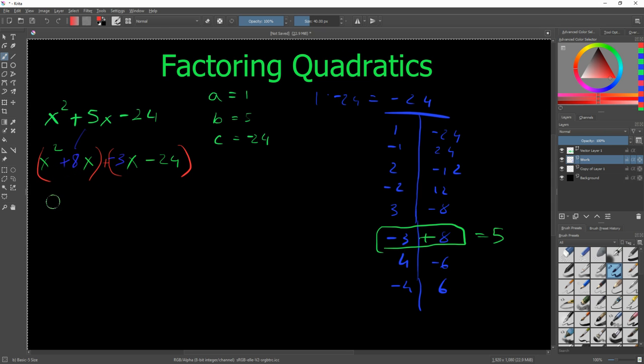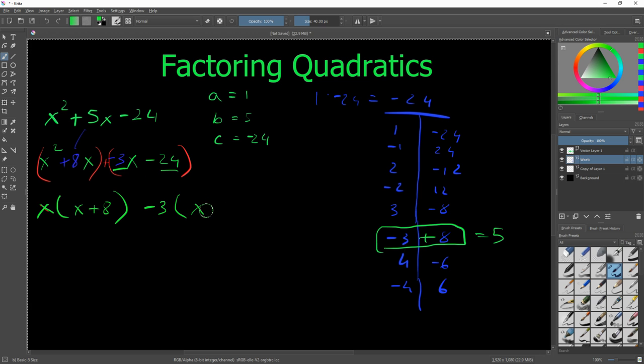What do these two have in common? An x. So I have x. Take an x out. I have x plus 8 here. What can I take out from both of these guys? -3.